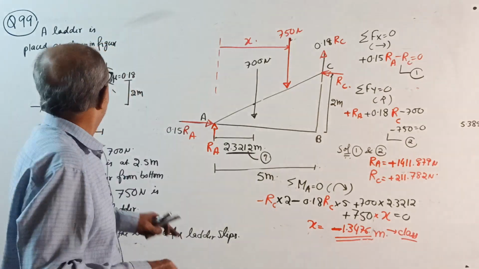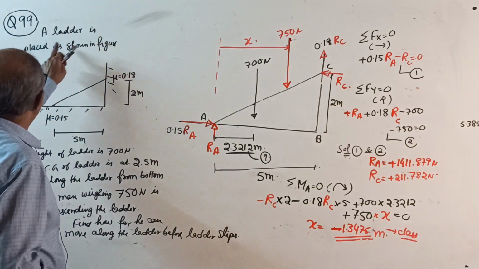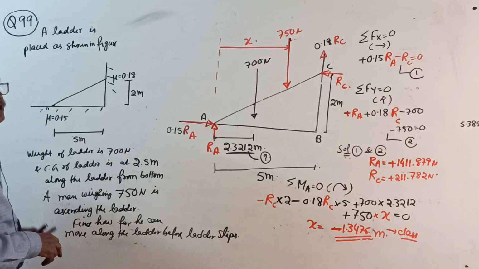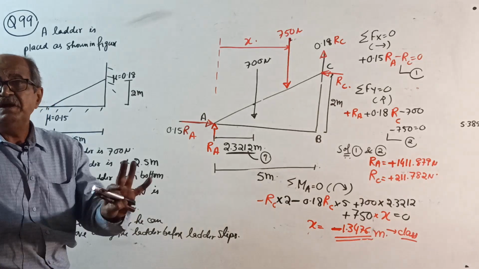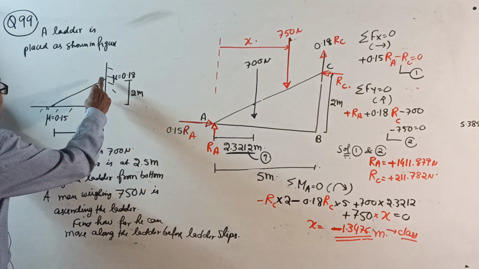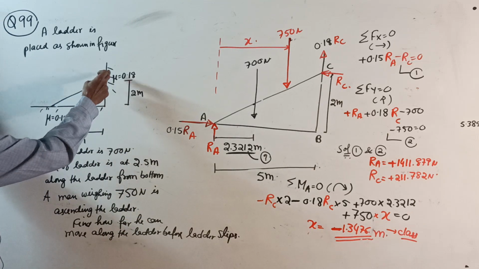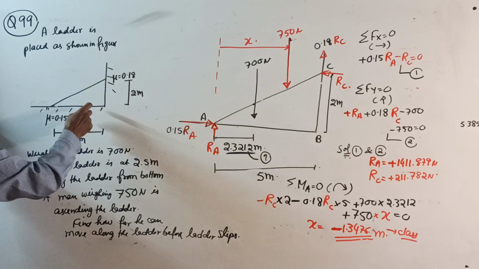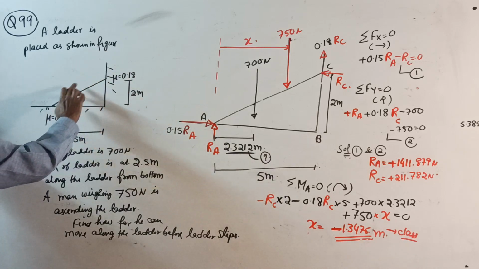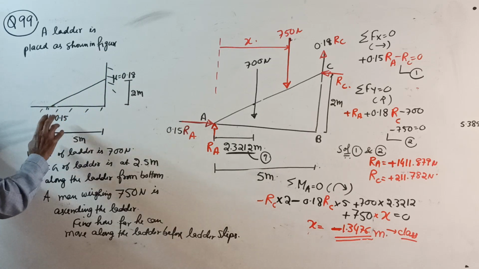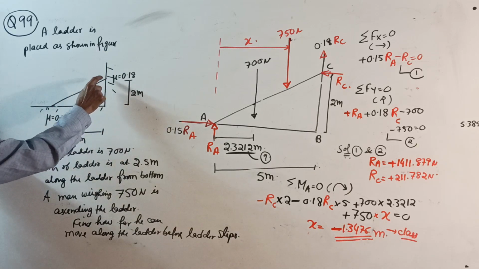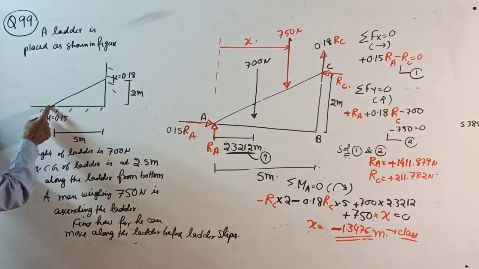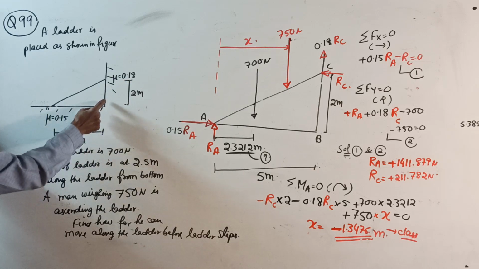So question is 99. A ladder is placed as shown in the figure. Or if you are very much interested, write in words. A ladder is placed leaning on a vertical wall so that the top of the ladder is 2 meters above ground level and the bottom of the ladder is 5 meters from the wall.